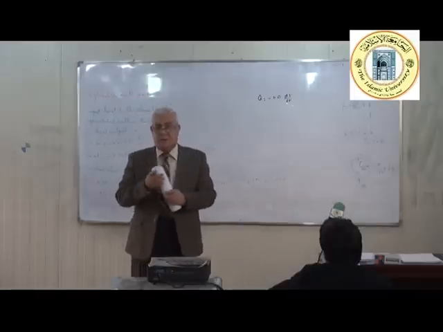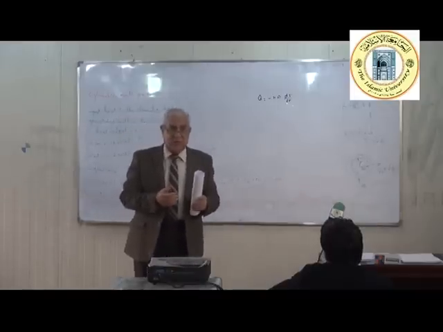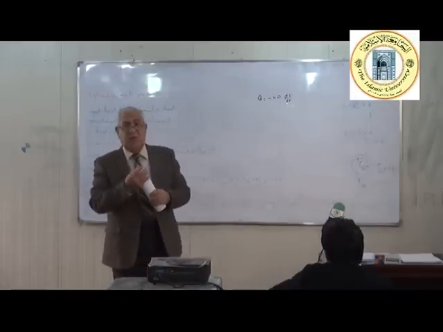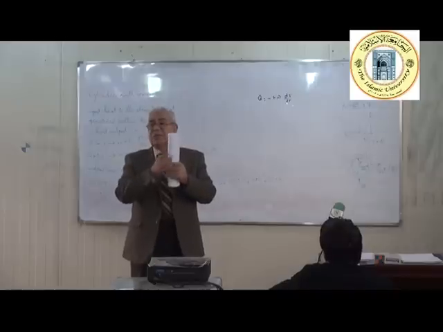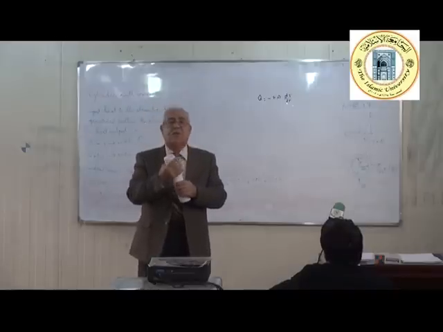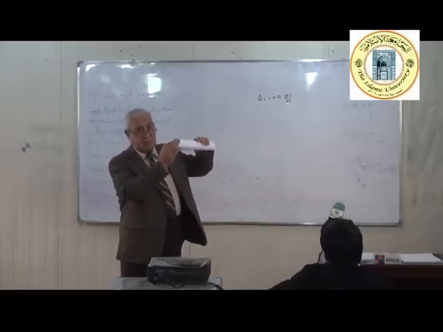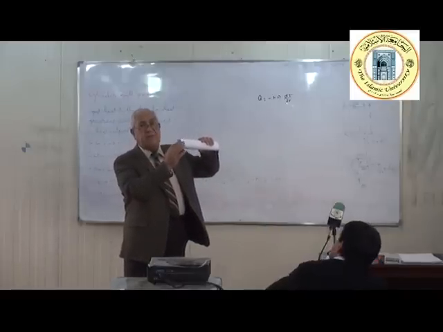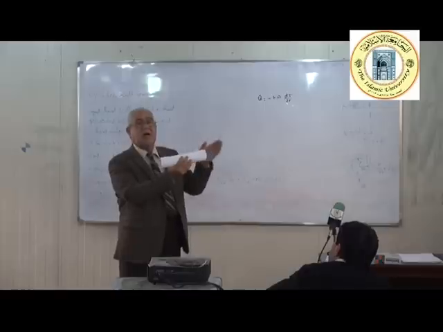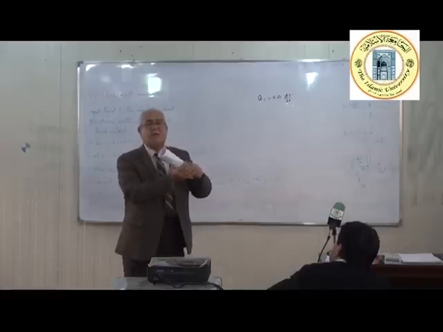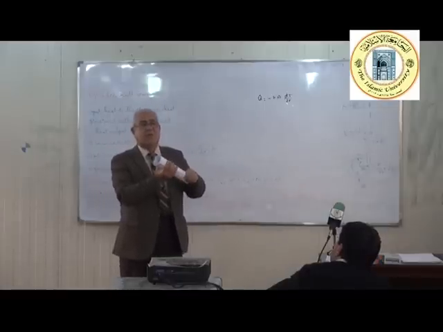Now, if I want to find the surface area of this elementary surface, I take the circumference of this cylinder times the height. It will give me the heating surface area.